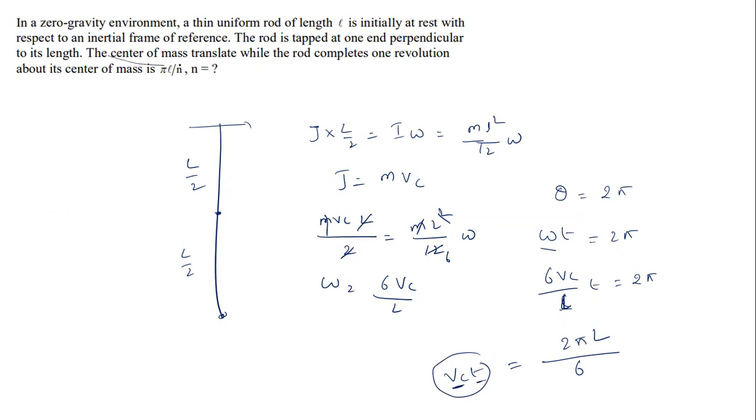The center of mass translates, right? So velocity of center of mass into time is the distance traveled by the center of mass. 2 pi L by 6, here 2 pi, 1 cancels 3 times. So this will be pi L by 3. So n value is equal to 3. Clear?